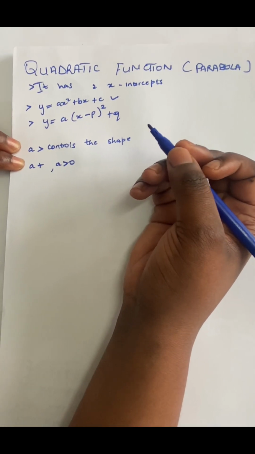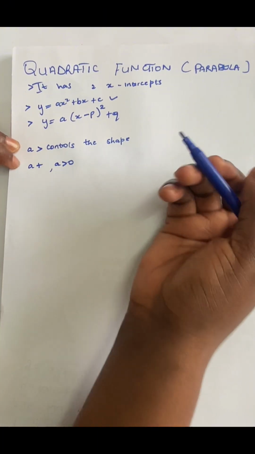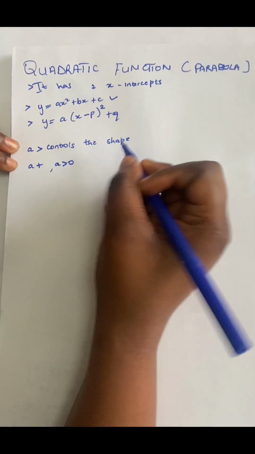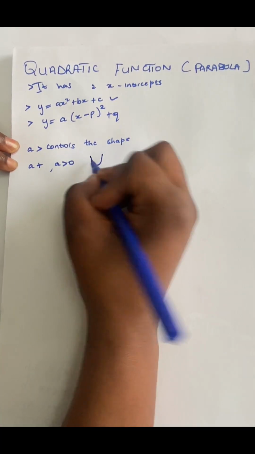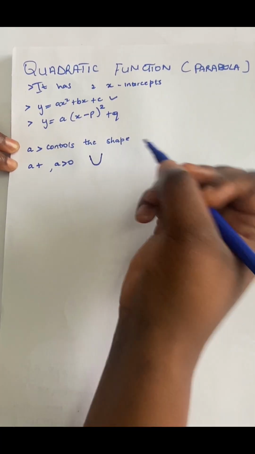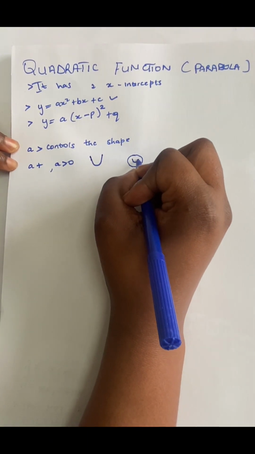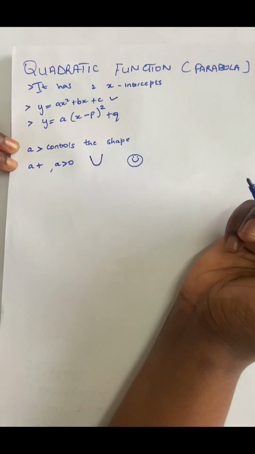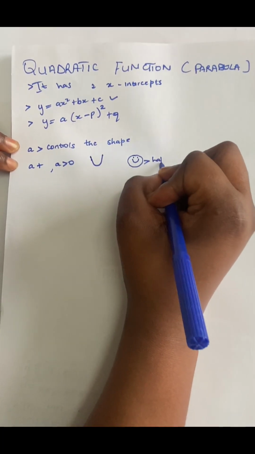That's a mnemonic we use for a positive a value in a quadratic form. It's a happy graph. It forms a happy face.